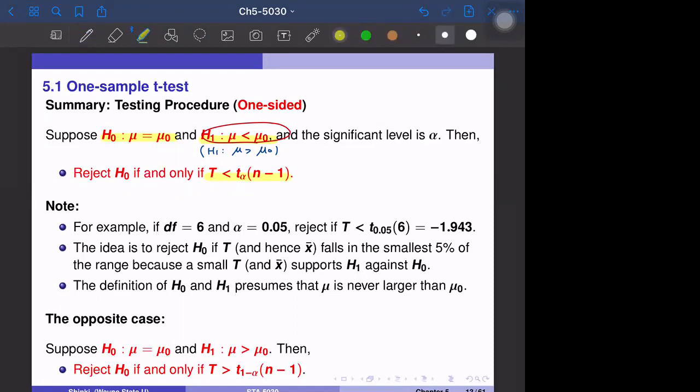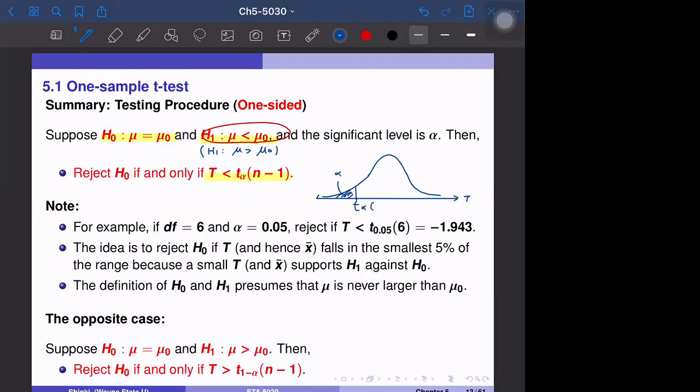This is just the left tail. If we have a T distribution like this, then this area is alpha.